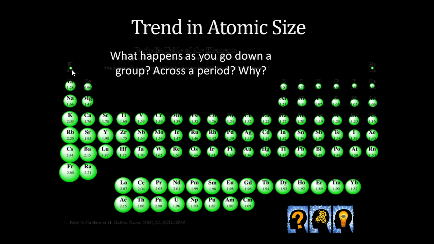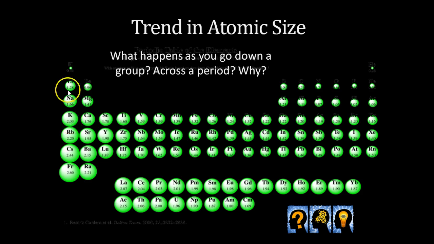If you think about it, it kind of makes sense because every time you go down a period, every time you're going down this group, you're adding an energy level. And that's one of the main things that causes these elements to get bigger. Every energy level you add has all those inner energy levels shielding it from the nucleus.